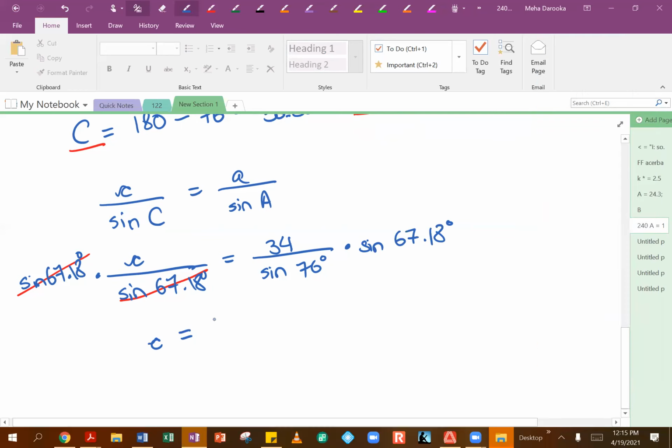So you've got 32.30. So the raw answer is coming out to be 32.2981. And again, it keeps going, but when you round it to 2 decimal places, the 8 makes the 9 go up, and eventually the 9 makes the 2 go up. So this will come out to be 32.30, and this is for our side C.